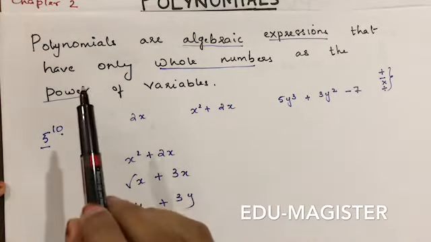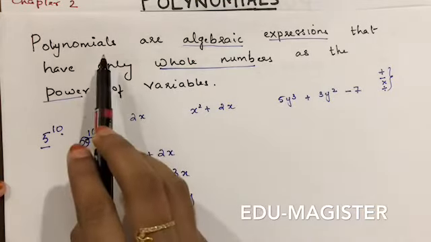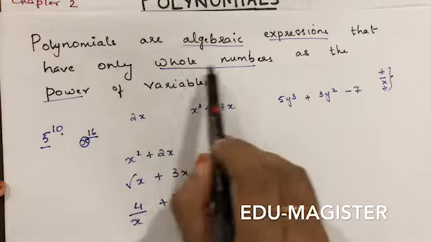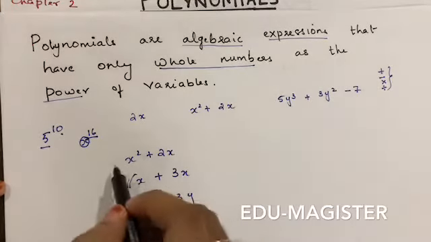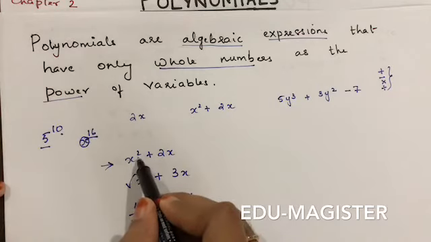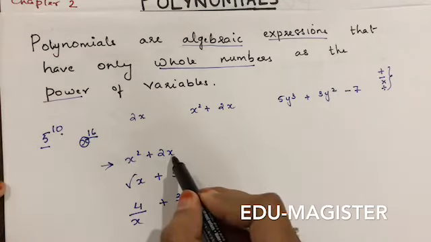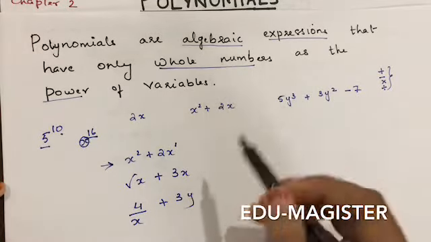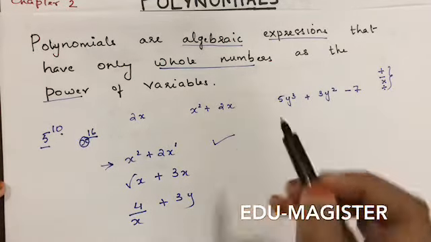So, make sure that you guys remember this definition, that the power of variables will be only whole numbers. So, let's see this expression. Here, power of the variable x is 2 and here the power is 1, which satisfies this definition. So, this is a polynomial.